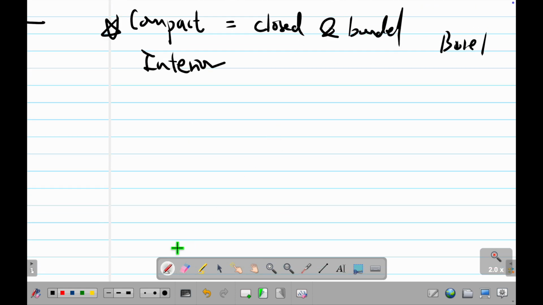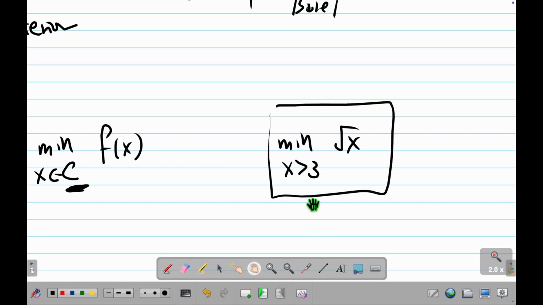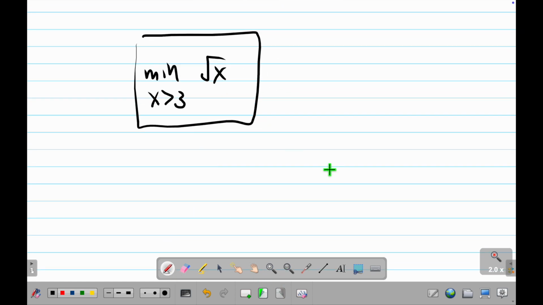Why? Because when we talk about optimization, let's say I have this constraint set, we mostly will assume it's a compact set. Why? Because this has no solution, because this is not compact. Let's examine it. This is R1.